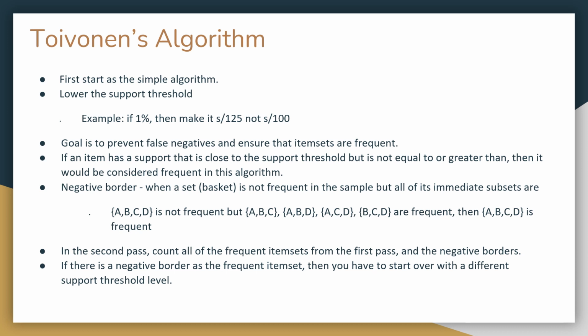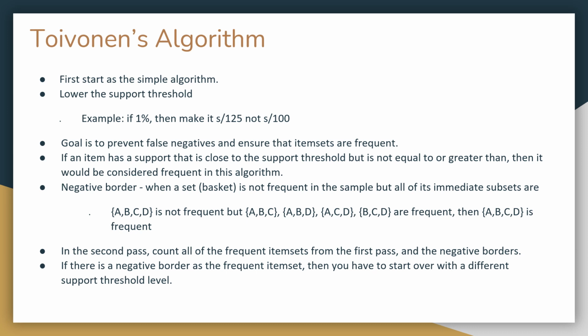First, it must not itself be frequent. No set that is frequent can be in the negative border. And the next is that all of its immediate subsets, the sets which we get by deleting one of the items in the set, are frequent. So these two are the conditions for the negative border.